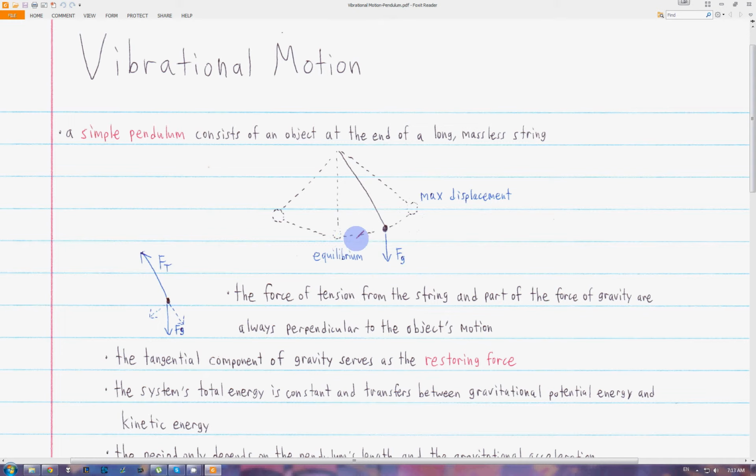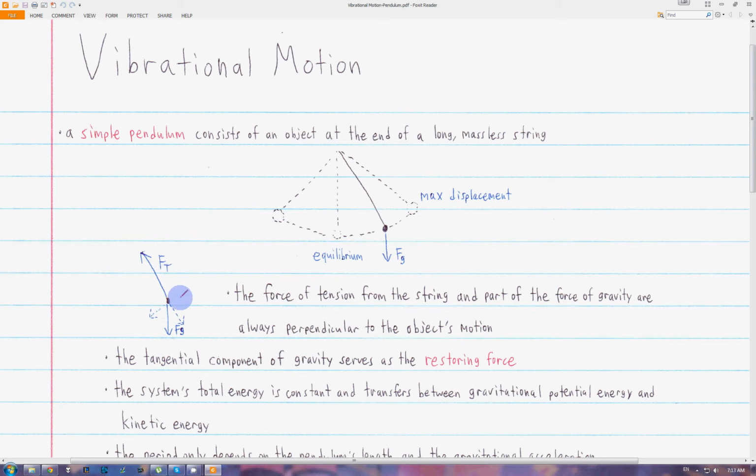So the restoring force is no longer a spring, but the restoring force is actually provided by gravity. So here you can see a force diagram of all the forces acting on the object. So we have the tension force from the string, and then the gravity force.